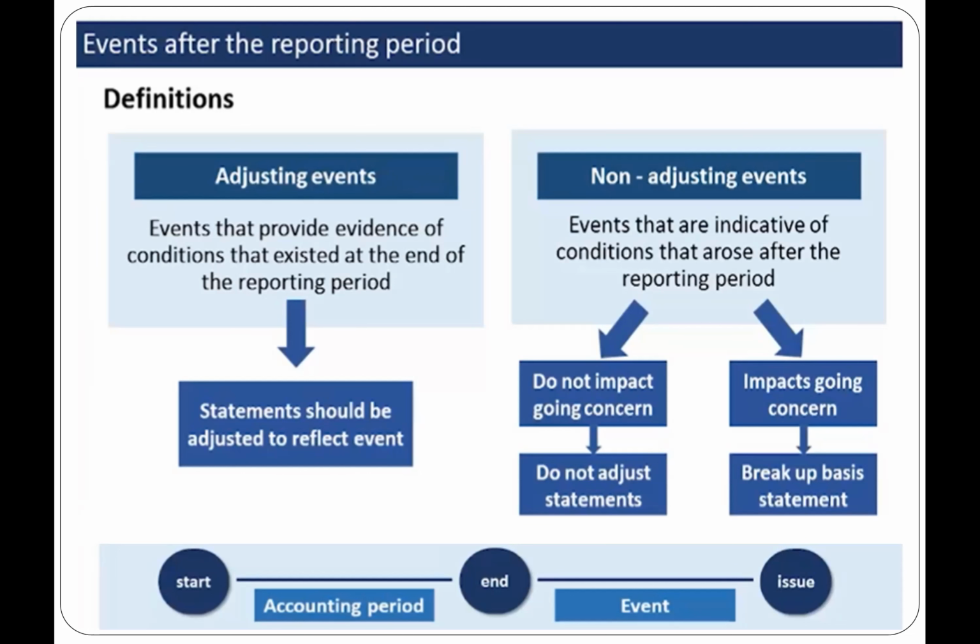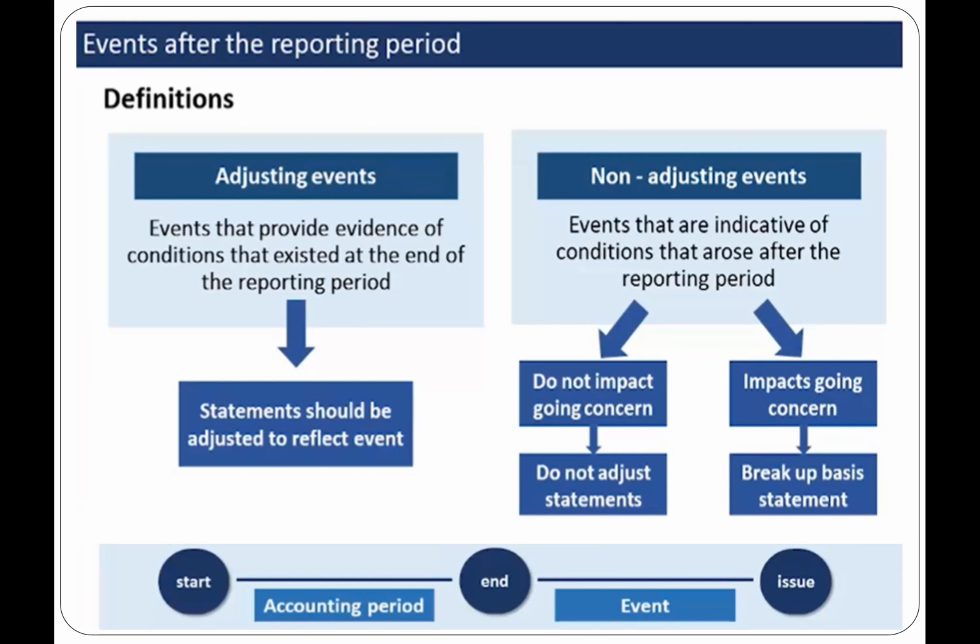That's adjusting events. The non-adjusting events are events that are indicative of conditions that arose after the reporting period, which means we are getting information about things that actually happened after the end of the year. So let's say, for example, one of our warehouses catches fire on 5 January.